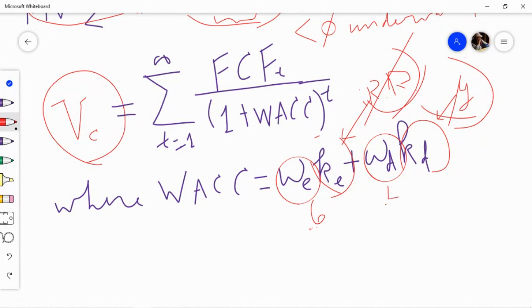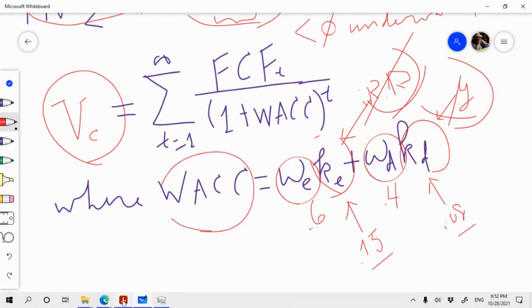So we know the weight of the equity is 0.6, 60%, and the weight of the debt is 0.4. That's how you do the weighted average. If the required return is 15%, and the yield on the bond is 8%, 0.08, then that's how you find the weighted average cost of capital.